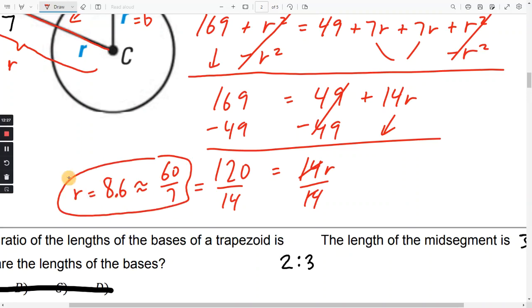So really, 60 over 7 is the exact answer, and 8.6 is the rounded off answer. So it really should be written like this. r is approximately 8.6, but it equals 60 over 7. Anyhow, the choices will probably be decimals.